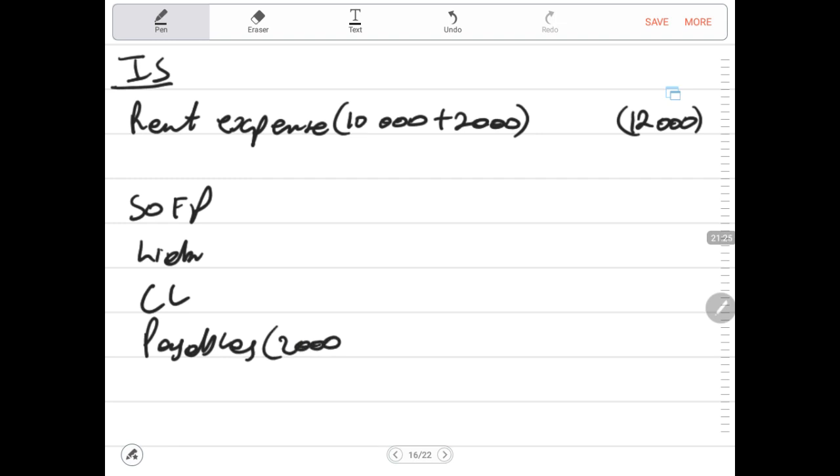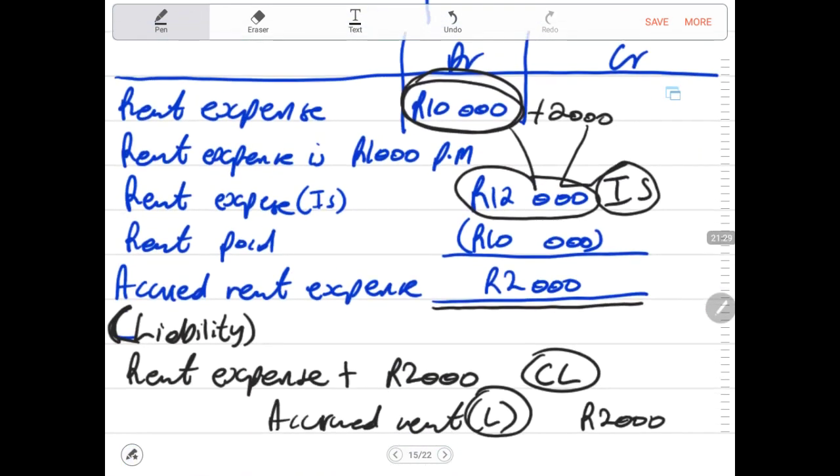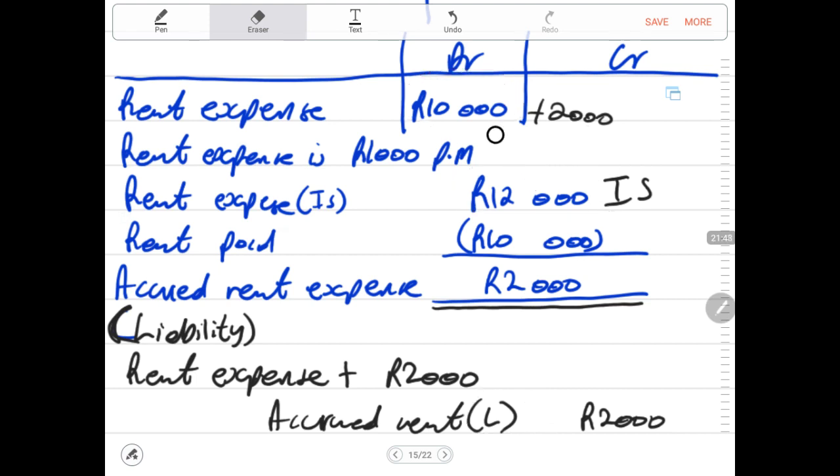Why plus 2,000? Because our liabilities are increasing by 2,000, because at the end of the current year we are owing an amount of 2,000, meaning we are liable to pay 2,000, but we have not yet paid this 2,000 by the end of the current year. So this will be a liability and increasing our liabilities.